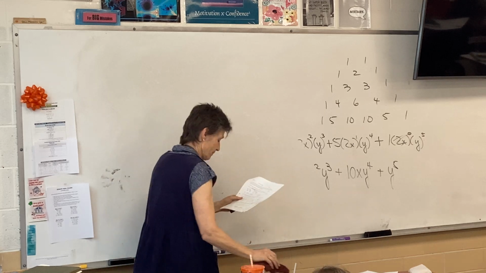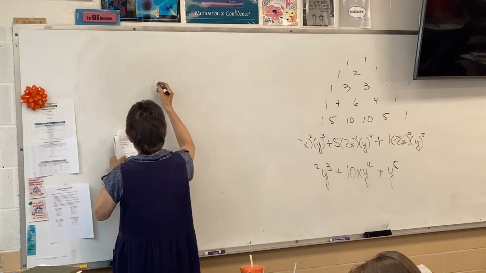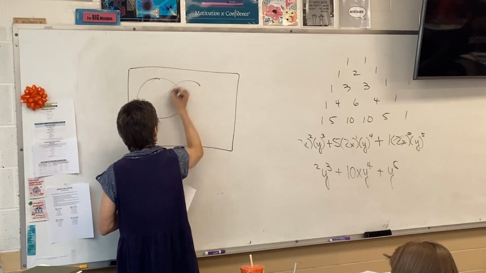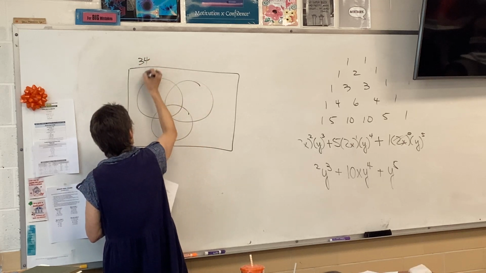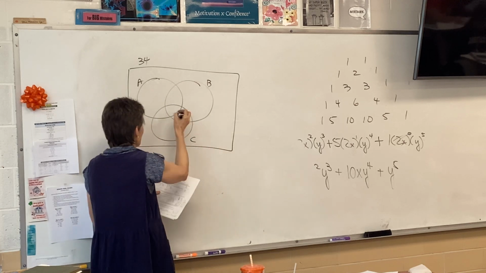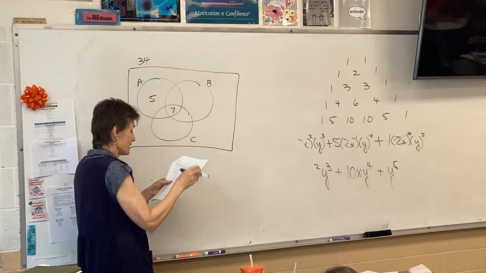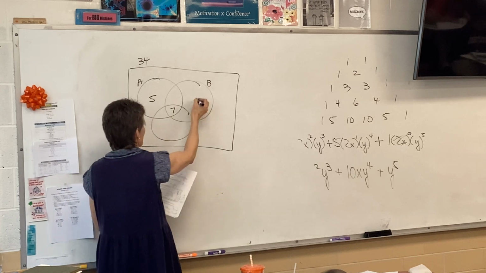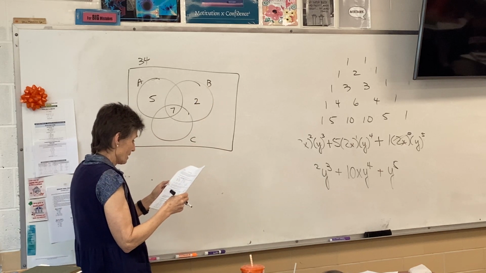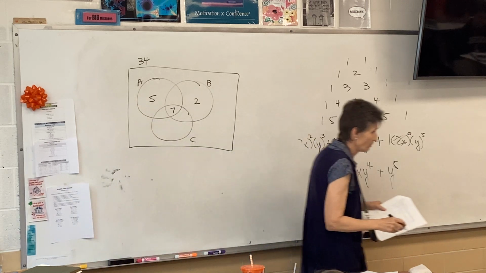Alright, so I have 34 kids. And they're getting A's, B's, and C's. 7 get all 3s, so I'm gonna put those right there in the middle. 5 get all A's. 2 get all B's. Can I see your paper, Vincenta?